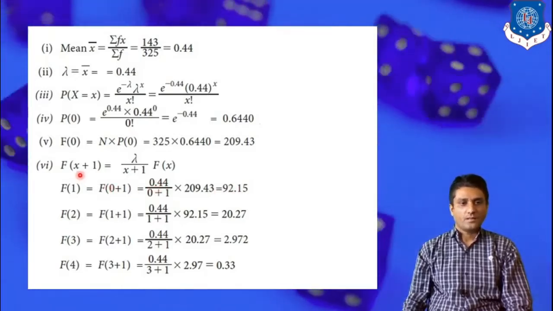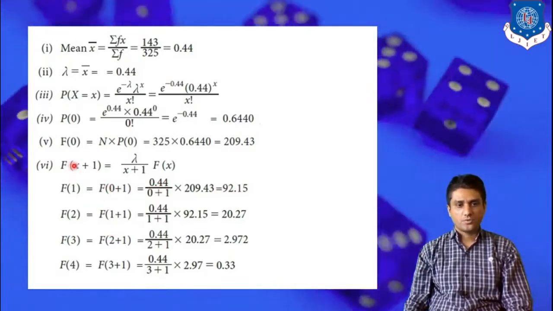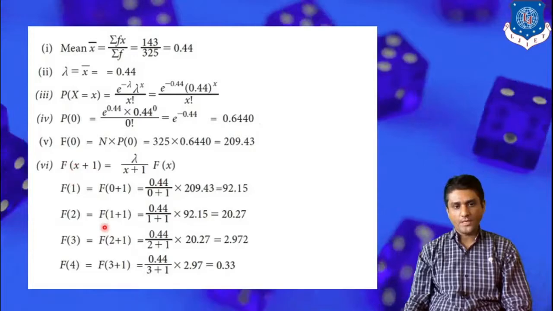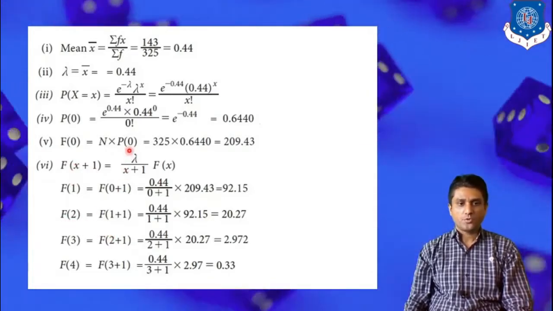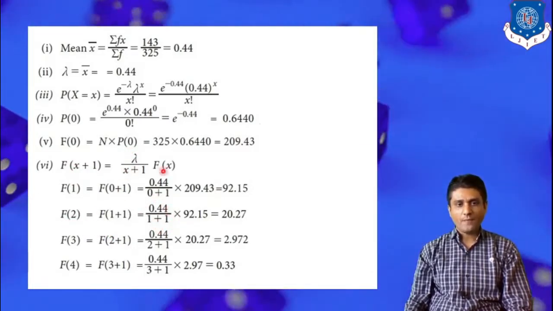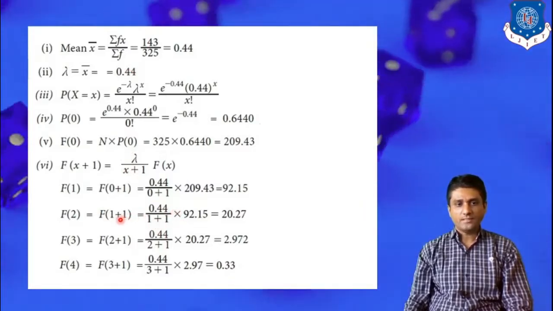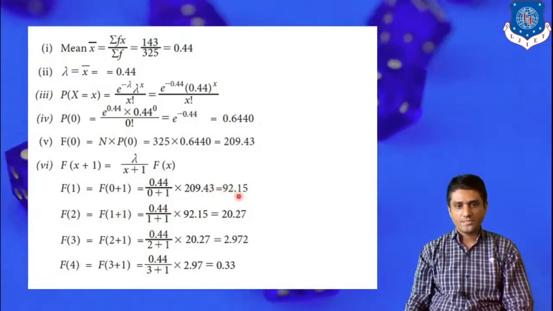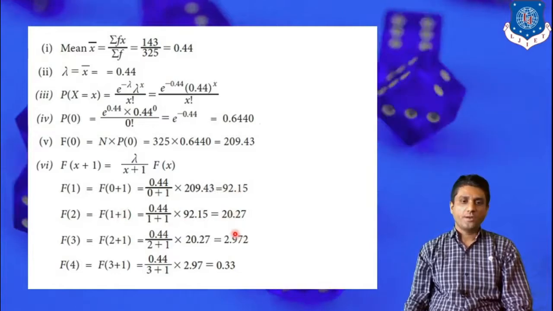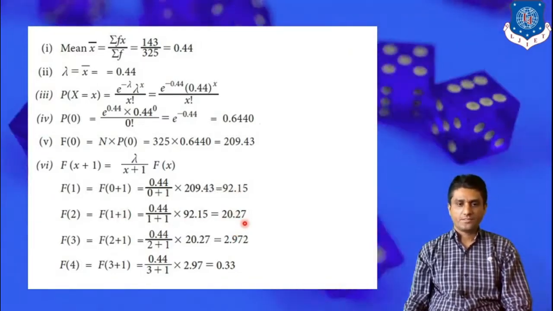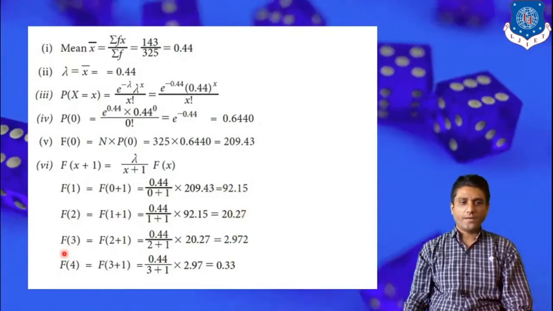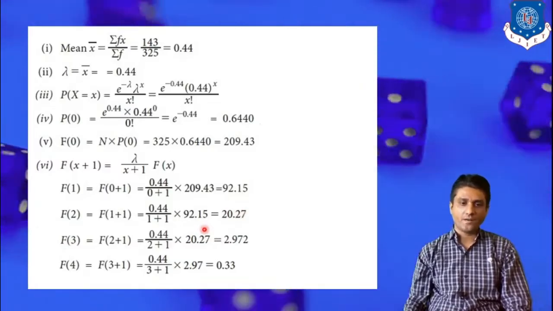Next, plug in the value of x as 1. So we get f of 1 plus 1, that is f of 2. Lambda upon 1 plus 1, where lambda is 0.44 and f of 1 is 92.15, so it leads to 20.27. Similarly, we obtain f of 3, that is 2.97.